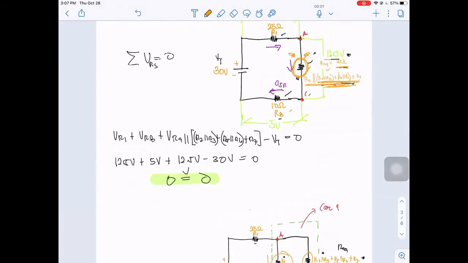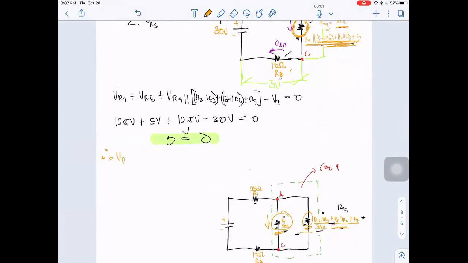Therefore, since they are connected in parallel, the voltage drop across VR4 is also equal to 12.5 volts. And also the voltage drop across the REQ equivalent circuit, this one, is also 12.5 volts. So we can now compute for the current across IR4 and this equivalent resistor.